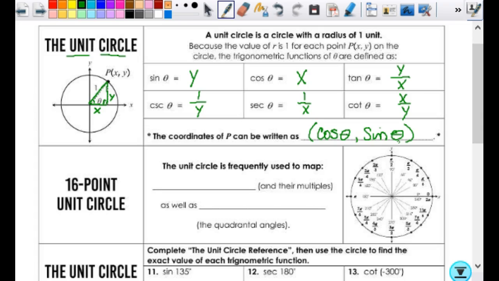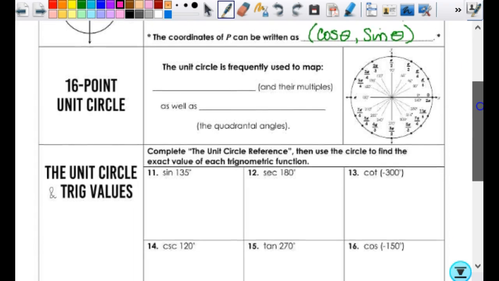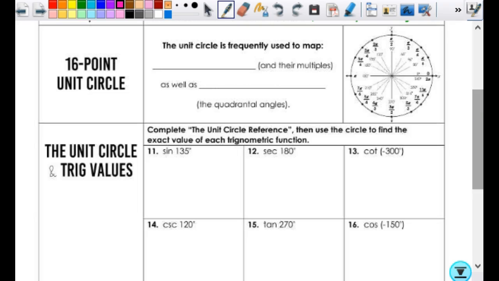All right, so then we have what's called the 16-point unit circle, which we've already learned. Kind of backing up a little bit because we went a little out of order. The unit circle that we know and love, and absolutely have to know, is frequently used to map pi sixths, pi fourths, and pi thirds, which is 30, 45, and 60 degrees, and their multiples.